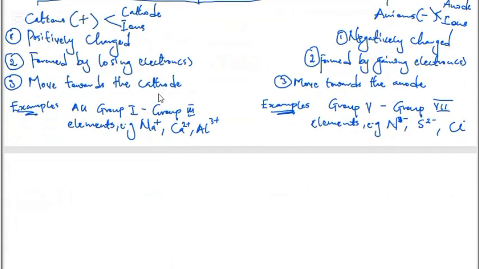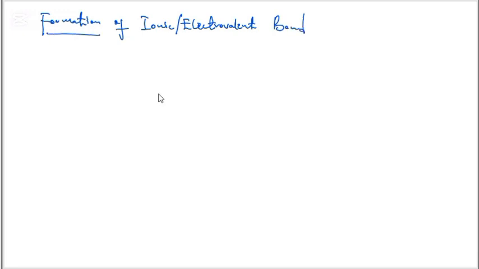So let's quickly look at the formation of the ionic bond. We have seen what an ion is, so let's look at the formation of the ionic or electrovalent bond. Always know that it is the same thing; they can bring any of these names in the exam. So how do they form? They form in inverse proportion of their charges.